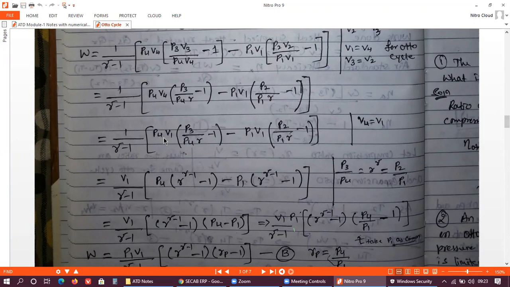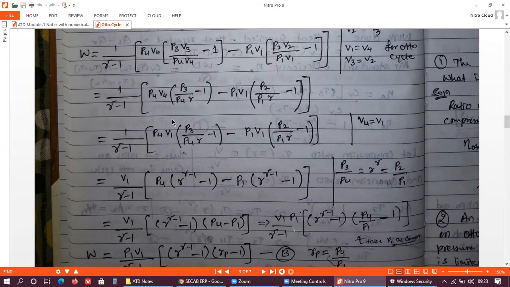Now, you can see in the very first part of the expression, V4 I have replaced with V1, because V4 is equal to V1. So I am trying to cover everything in terms of V1.